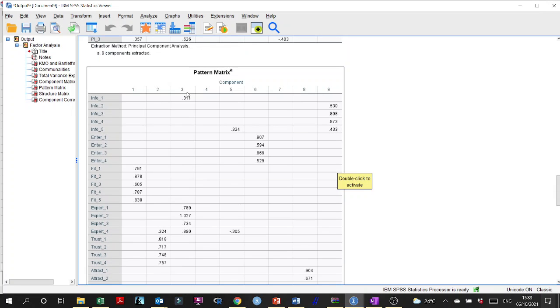Now let's take a look at the third one. This is a stray dog. This is supposed to load over here, but it seems like the loading of info 1 is below 0.3.